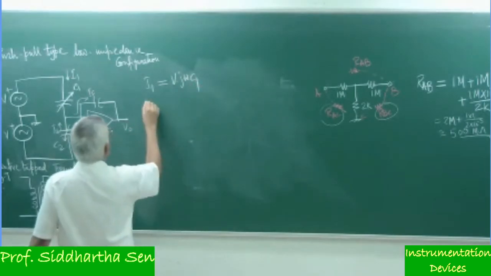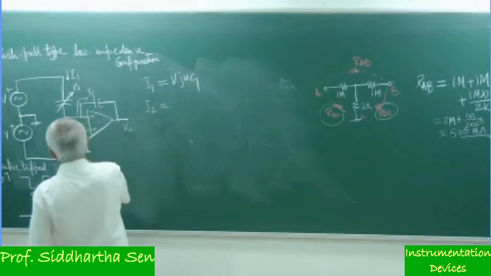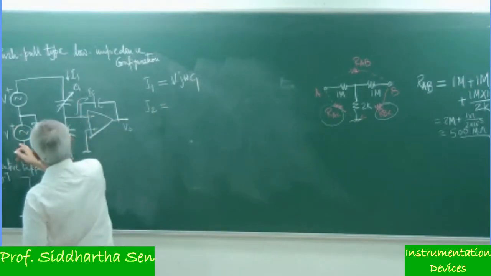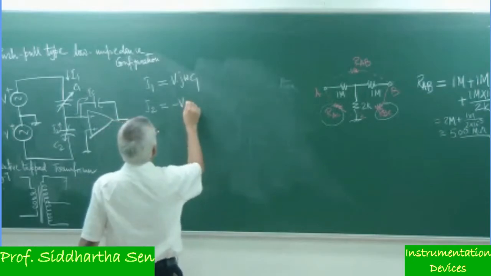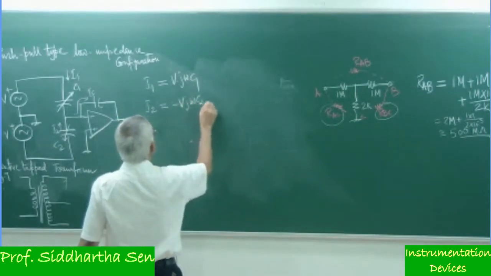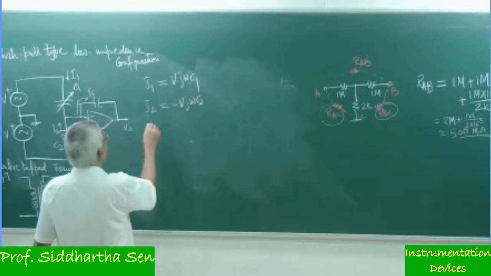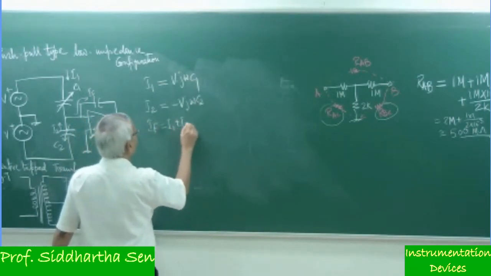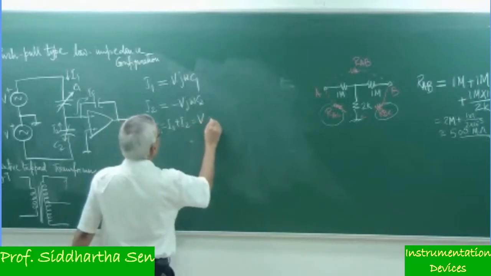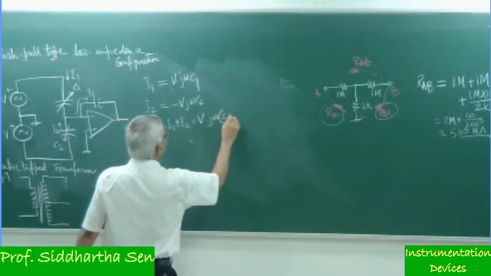Similarly, what is I2? You know, a negative polarity is connected there, so there would be a minus V, and it is j omega C2. And what is IF? It is I1 plus I2, which is equal to V into j omega (C1 minus C2).